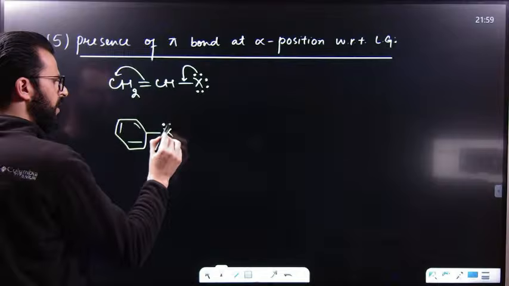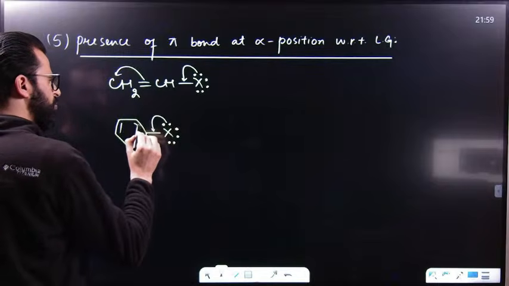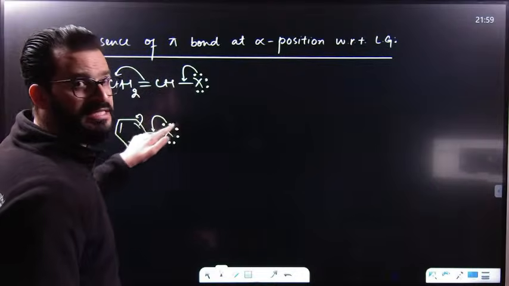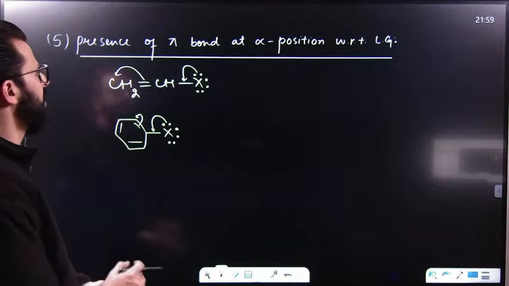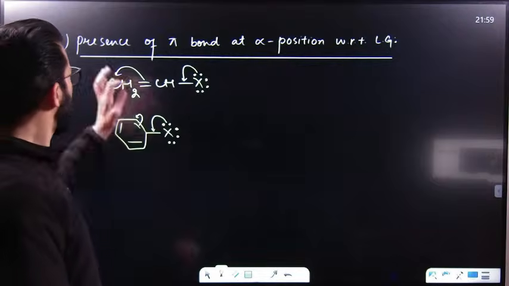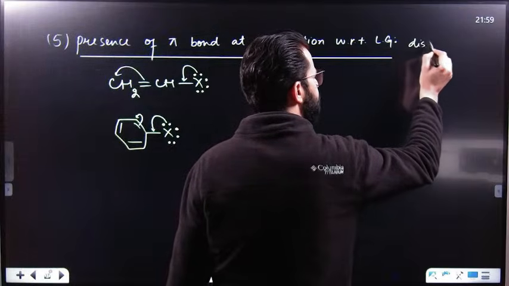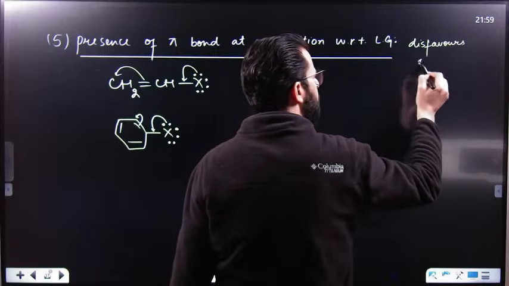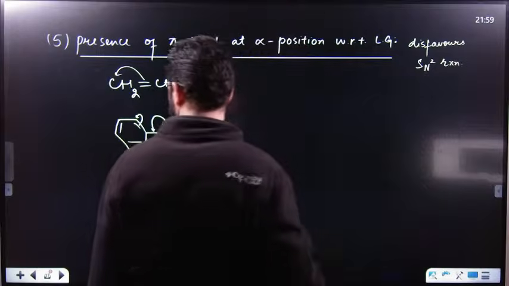So that's why aryl halides and vinyl halides neither undergo SN1 reaction nor SN2 reaction, because it's very difficult to cleave their C-X bond, as this bond is stronger due to partial double bond character as a result of resonance. So whenever this condition is there, remember it disfavors SN2 reaction, or it disfavors the rate of SN2. I hope this is clear.